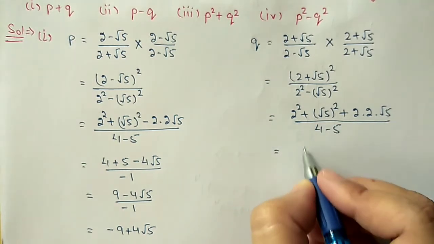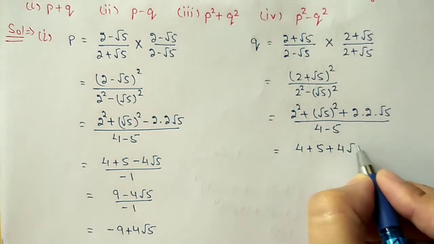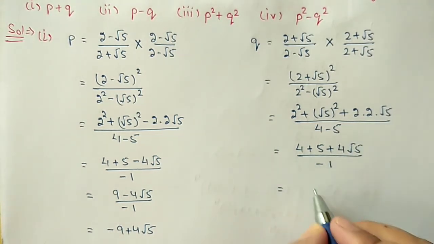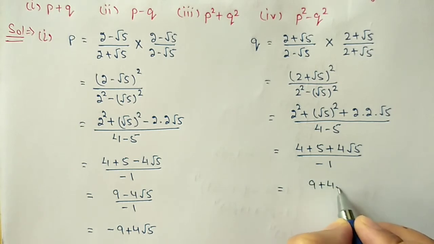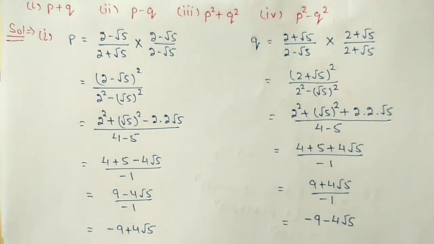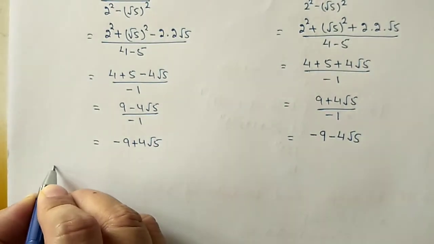So 4 plus 5 plus 4 root 5 divided by minus 1, or 9 plus 4 root 5 divided by minus 1, or we can write it minus 9 minus 4 root 5. Now these values we have to substitute in the question. So the first part is p plus q.